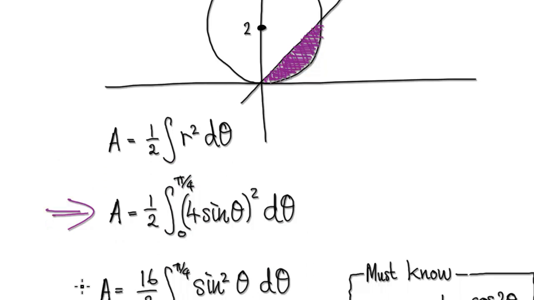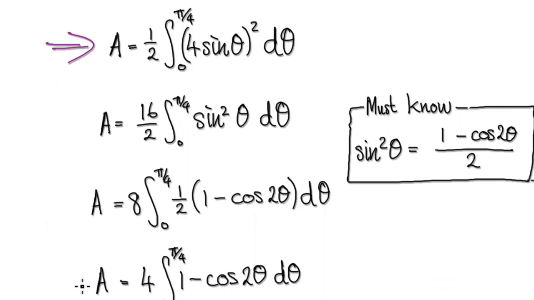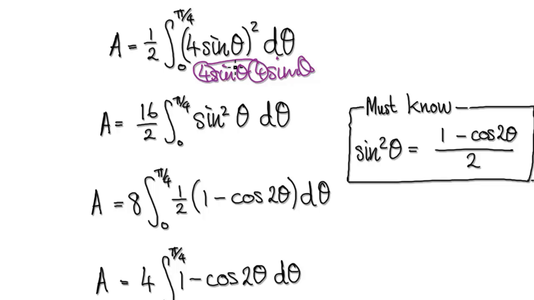So now it's just a matter of integrating it. So this thing here means this. Squared means this thing here. So take out the 16. That will then give you this thing here, and then we can just concentrate on integrating sine squared.